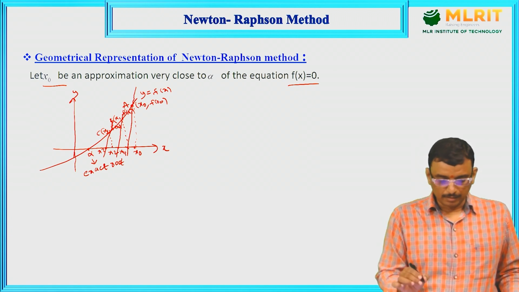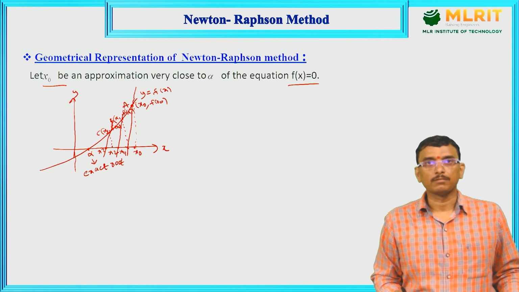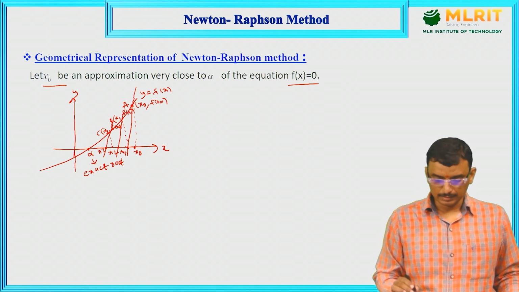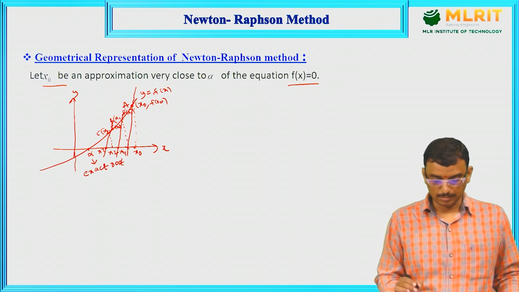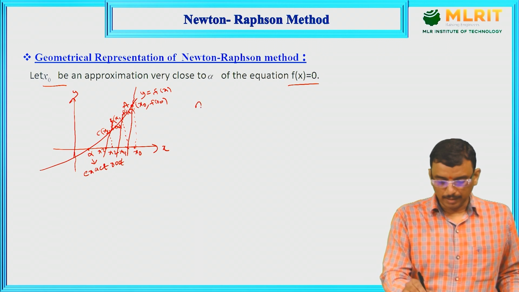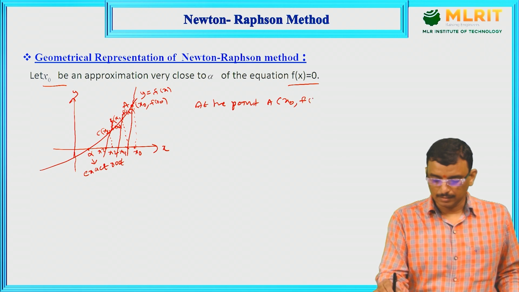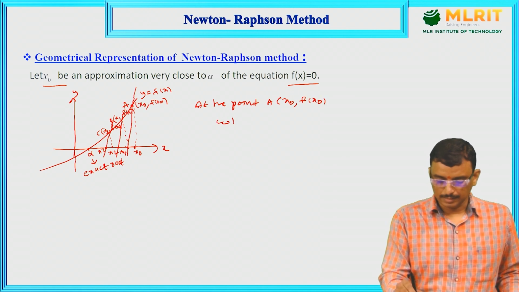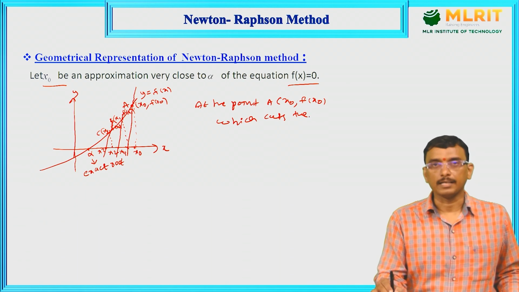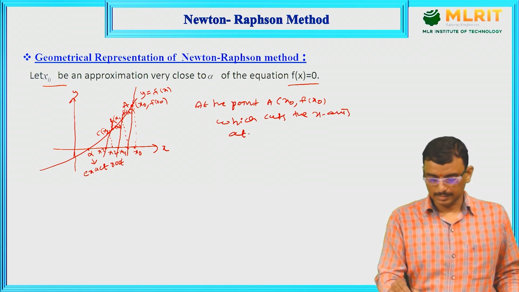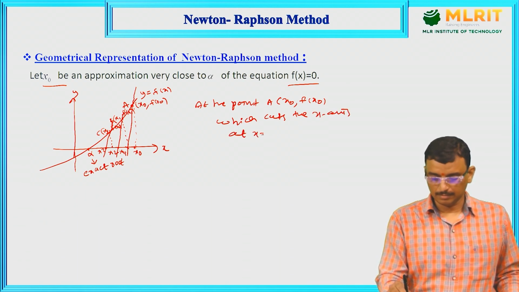So x naught will be the approximate root which is close to alpha of the equation f of x is equal to 0. Now at the point A, x naught comma f of x naught, which cuts the x-axis at x naught, x is equal to x naught.